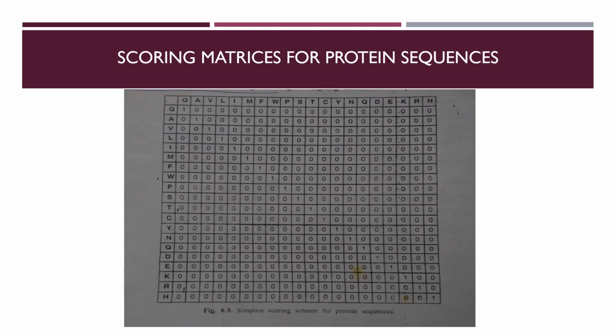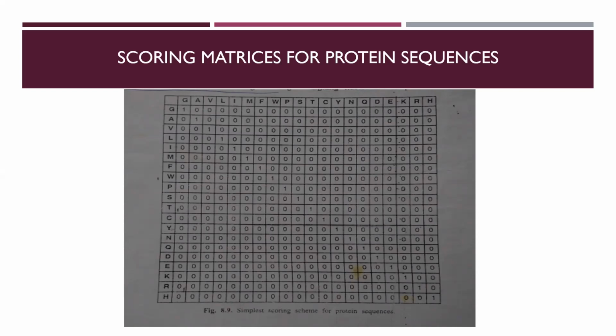So the better way to develop a scoring matrix is using the information of observed substitution rates of various protein sequences present in nature. Look at the protein sequences present in nature and see how, during the period of evolution, the frequency of substitution happened.